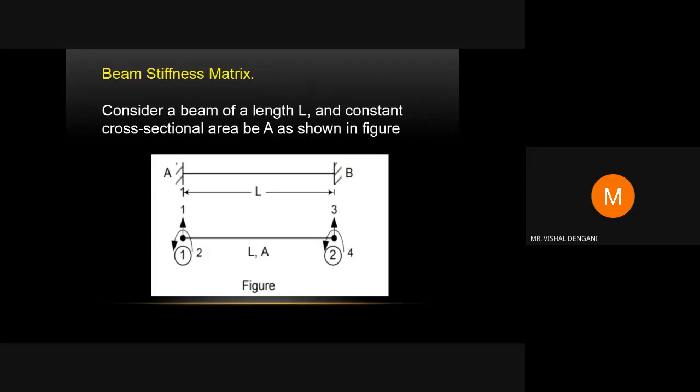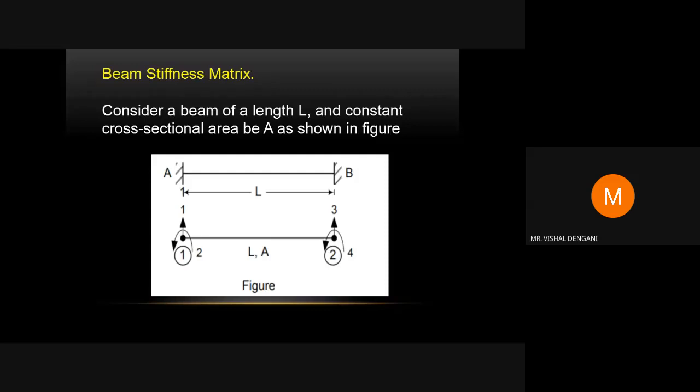So due to that, first of all, we have to assemble the stiffness matrix. Your stiffness matrix will be a symmetric matrix. That stiffness matrix consists of the stiffness coefficients. In case of beam, the possible displacements are transverse and rotational.